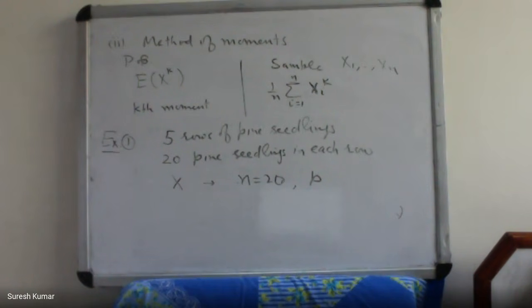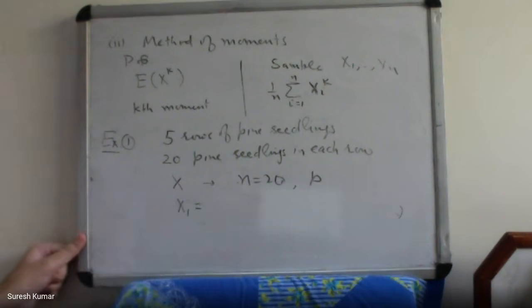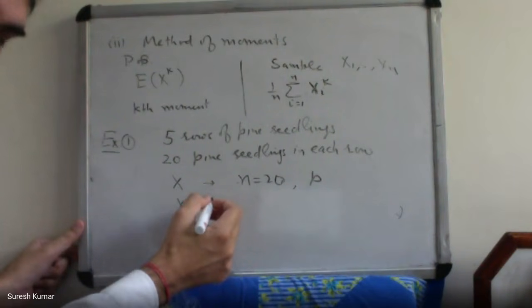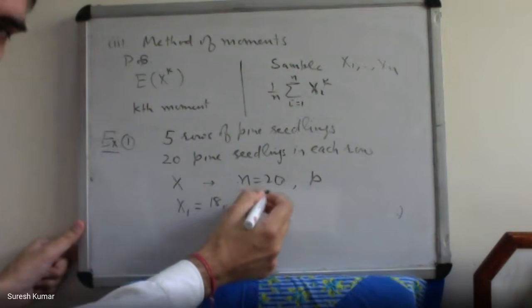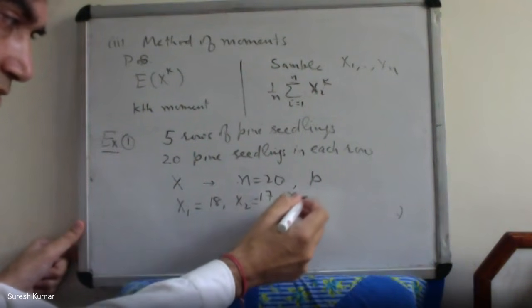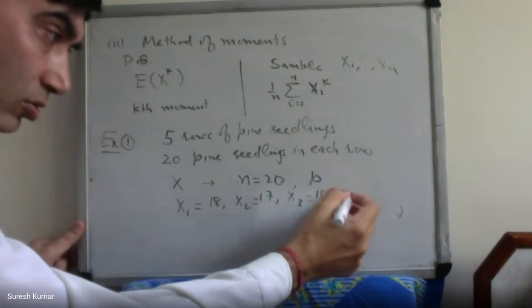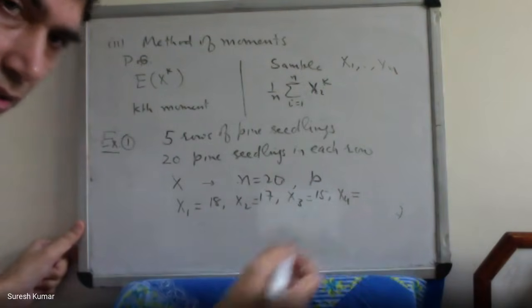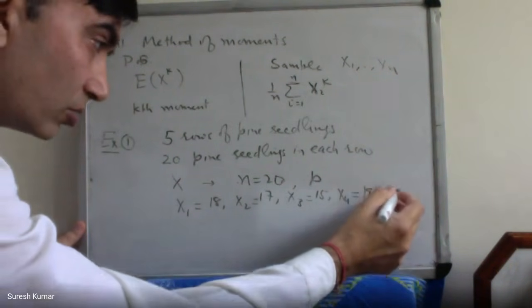Find an estimate of p, given a random sample x1 equal to 18, x2 equal to 17, x3 equal to 15, x4 equal to 19, and x5 equal to 20.